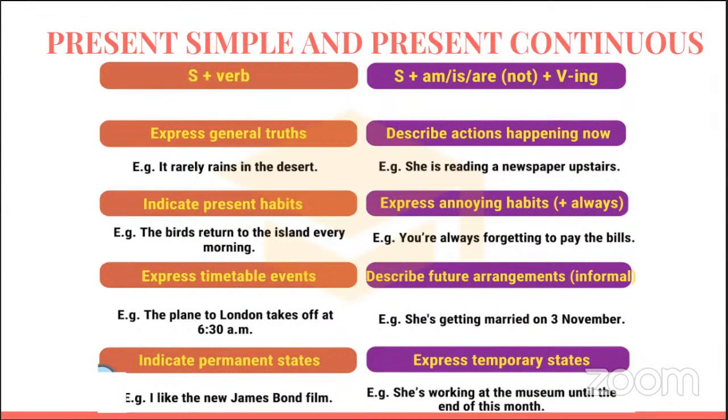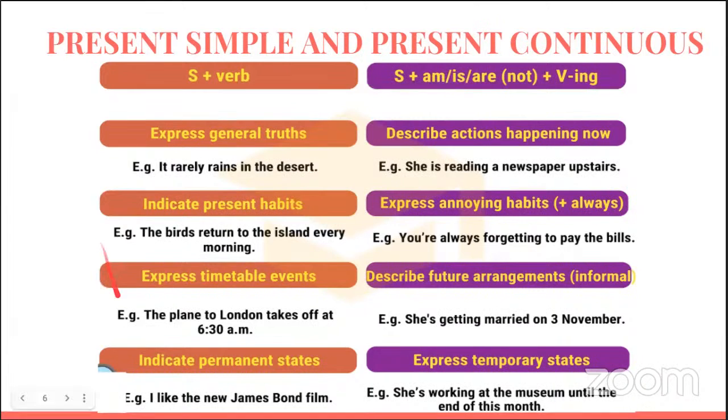It says the first one, we use the simple present tense to express general truth. For example, please, can you read the example? It rarely rains in the desert. Yes. Also to indicate present habits, like, The birds return to the island every morning. Very good.